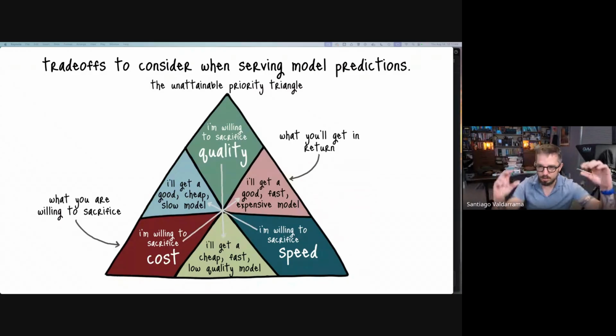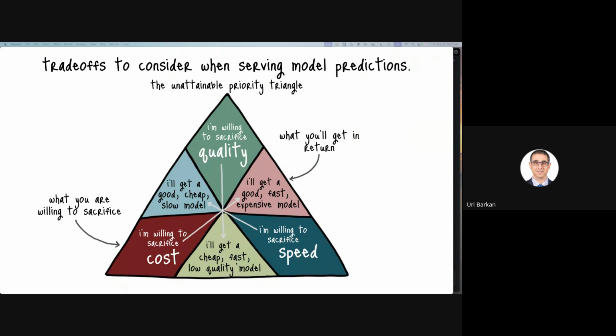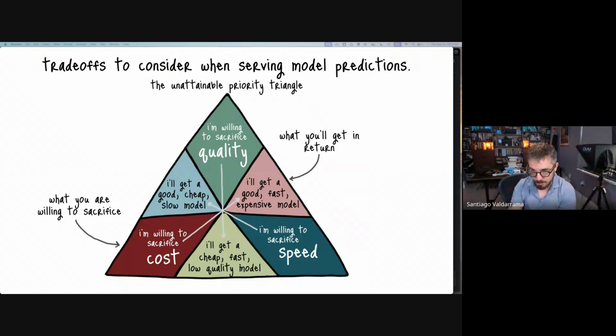And you get here the three components: quality, then cost, and then speed. And the way you read this is like the arrows indicate. If you're willing to sacrifice quality, then you will get a cheap, fast, but low-quality model.